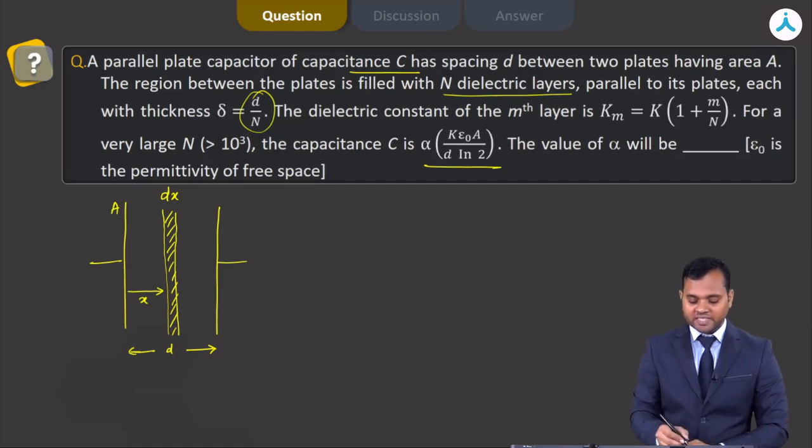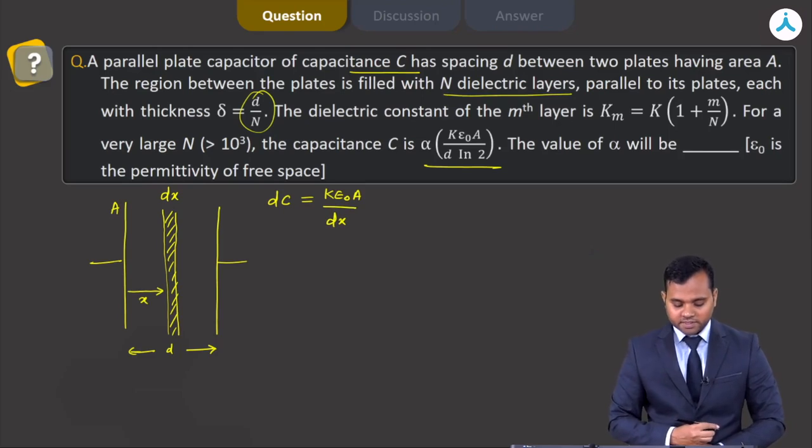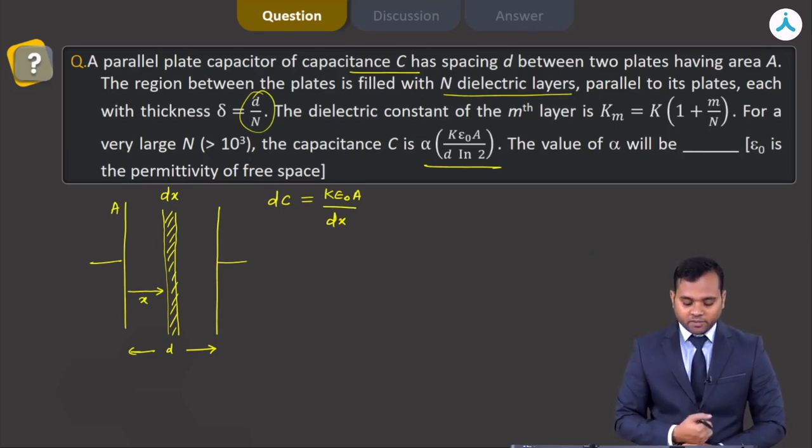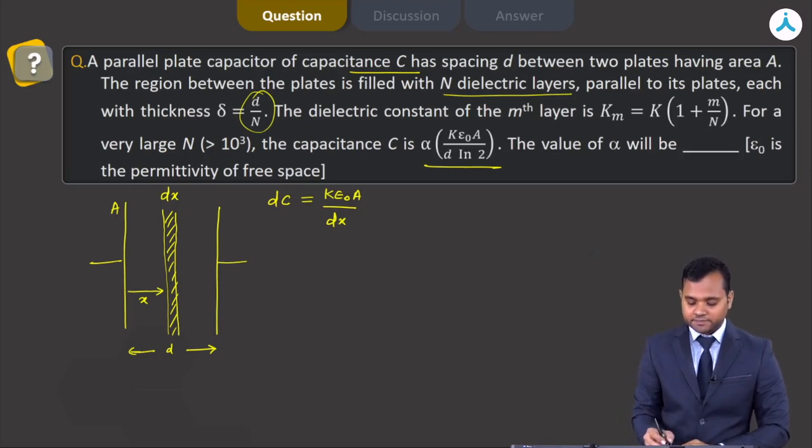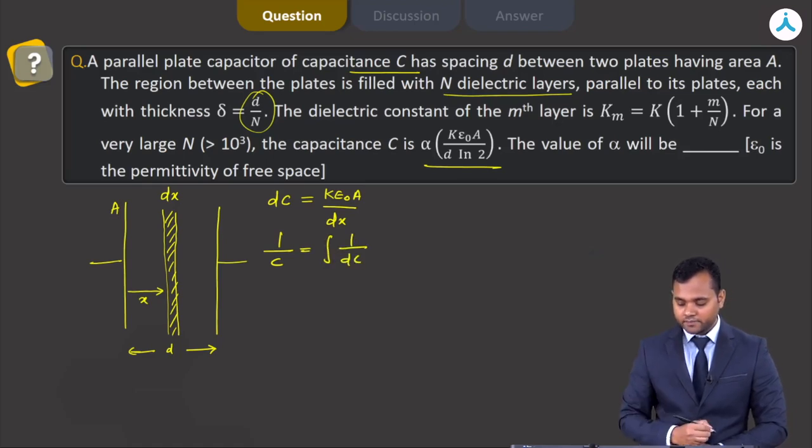Now the elemental capacitance of this layer will be equal to K epsilon naught A by dx. This entire capacitor is made up of infinite number of such layers, so in order to find the net capacitance we will have to apply the series combination formula, and that says that 1 by C will be equal to integration of 1 by all such dC's.